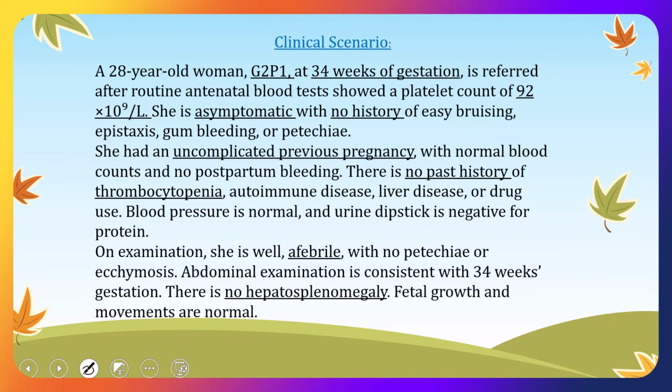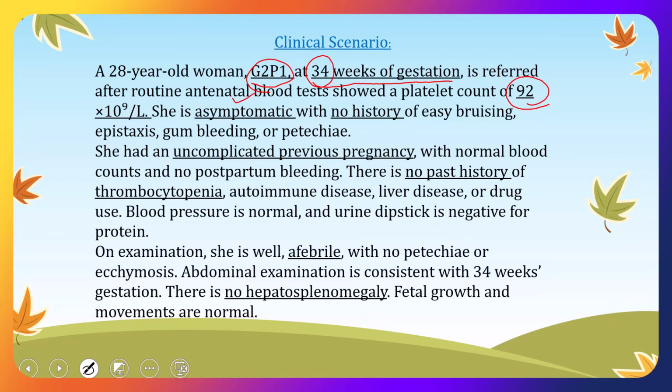Now I have brought a clinical scenario for you just for a quick revision, so that we can apply our knowledge on the clinical scenario and reach the diagnosis as I just mentioned. A 28-year-old woman, gravida 2 para 1, at 34 weeks of gestation is referred after routine antenatal blood tests showing a platelet count of 92.